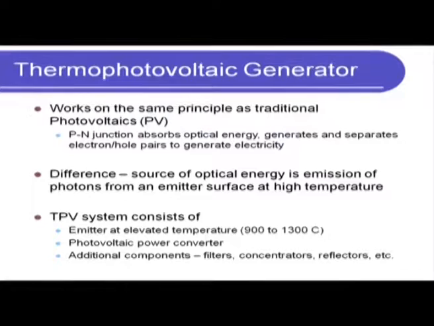Okay. So, as is shown in this slide, if the surface is heated to sufficiently high temperature, then the surface is able to emit photons, okay, which will be then absorbed by the photovoltaic power converter. Clear?